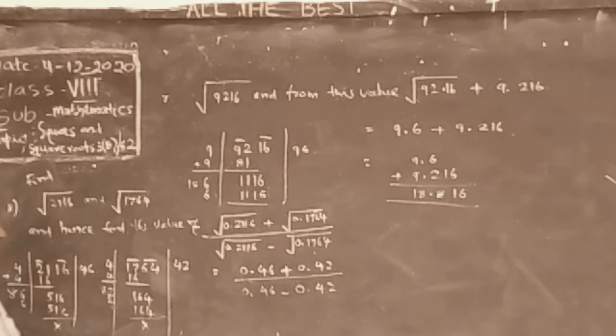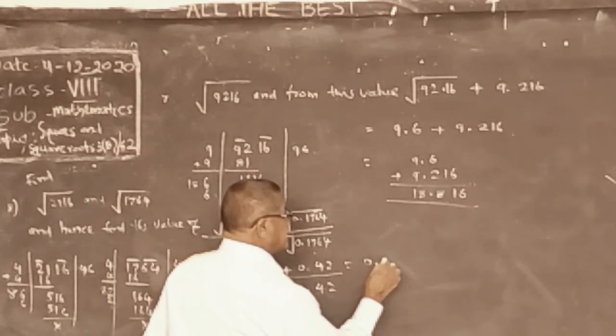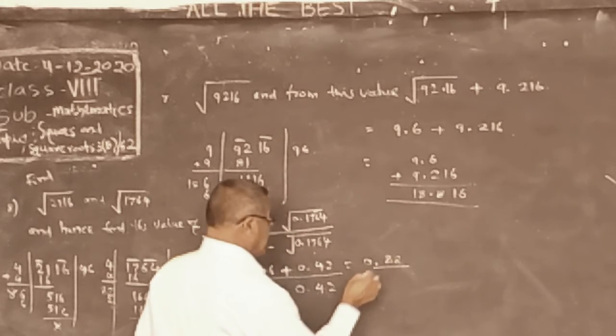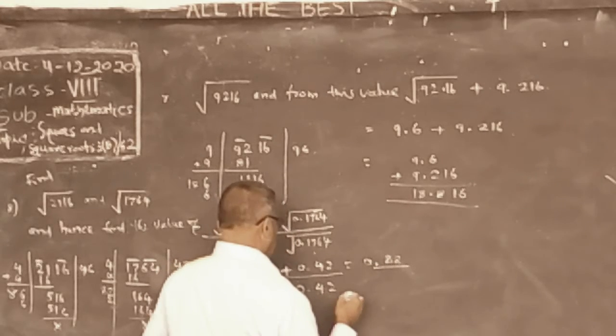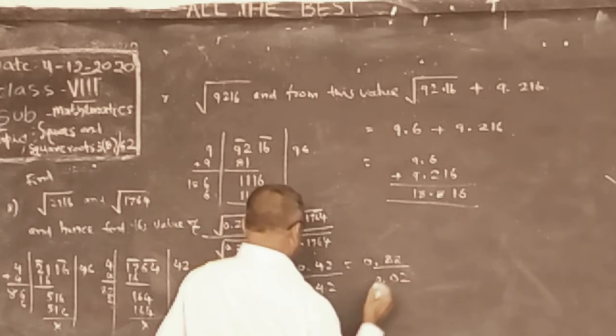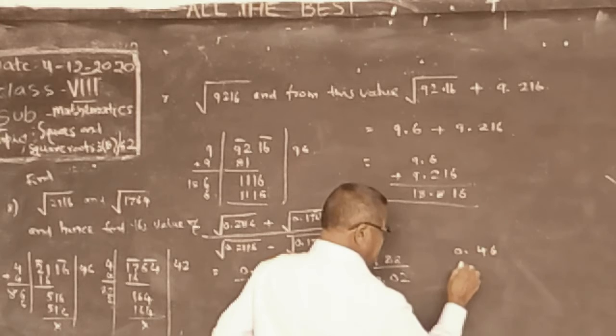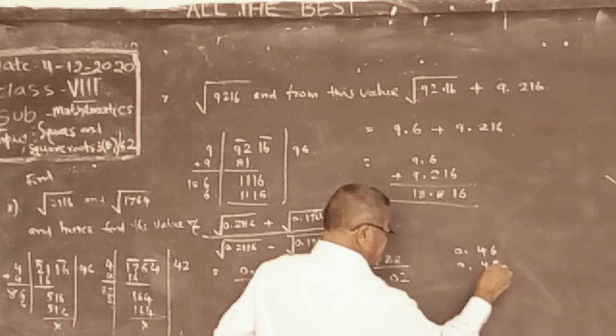Now the addition is 88, 0.88 by 0.02. Subtract from 0.46 minus 0.42.